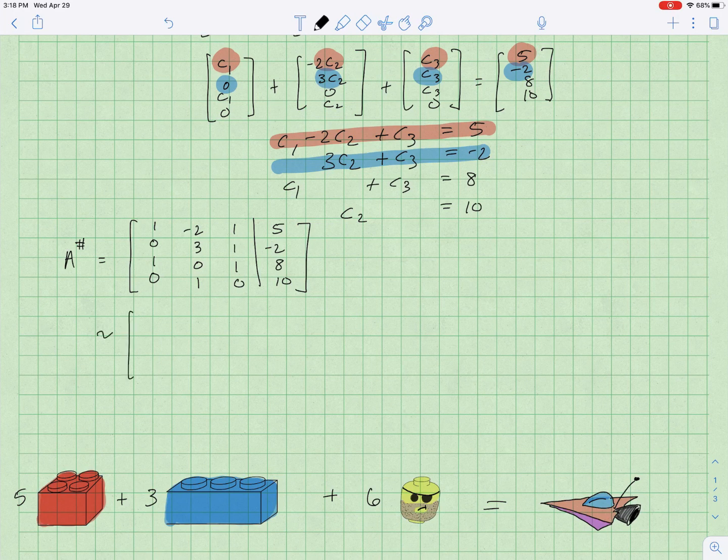This is row equivalent to, let me move this over so that I have some room, I'm going to take the third row and make it my first row. So row 1 is being switched with row 3. Then I'm going to take row 4 and make that my row 2 just because it has the pivot in the right position.